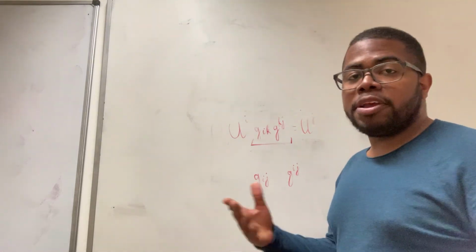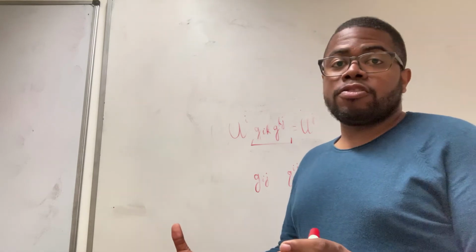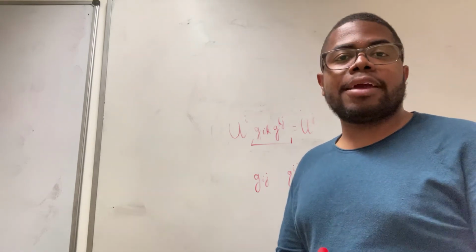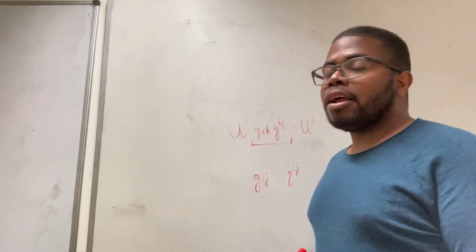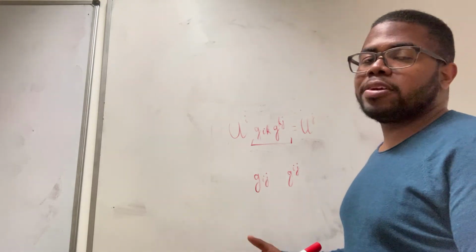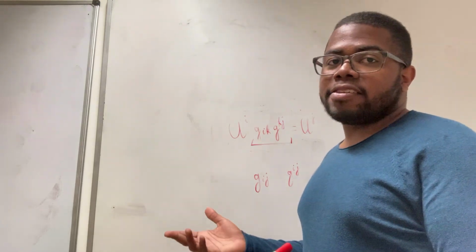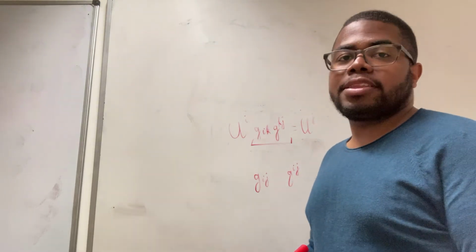Because it's only when you multiply an inverse matrix by its original matrix that you spit out the identity matrix. And that is why people call the gij with lower index the metric tensor, and gij with the upper index the inverse metric tensor.